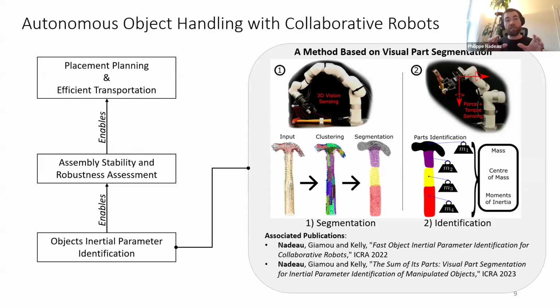And then, assuming that parts have a homogeneous density, we reformulate the problem into a simpler one, such that the identification can be done safely through stop and go motions. And in this presentation, we will explore how this can be done.